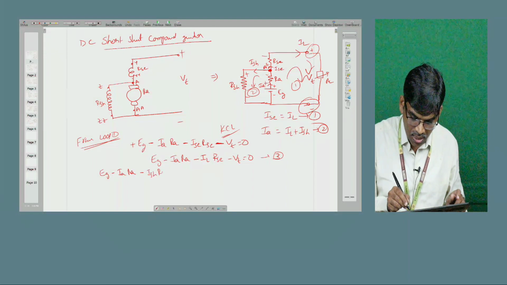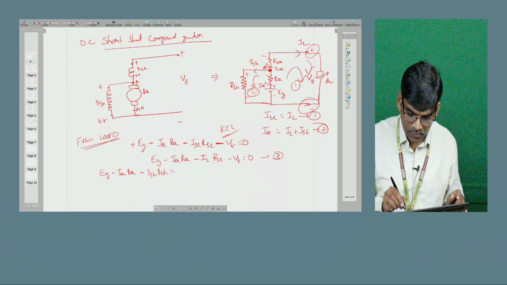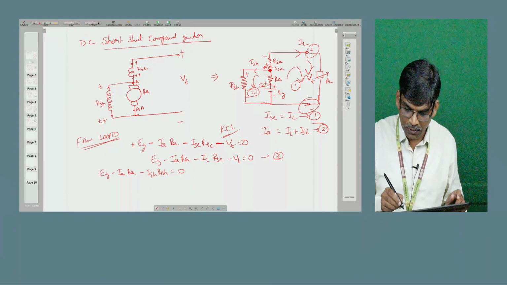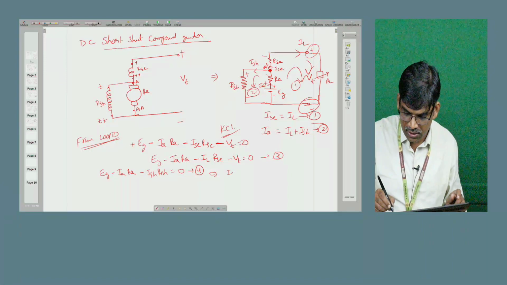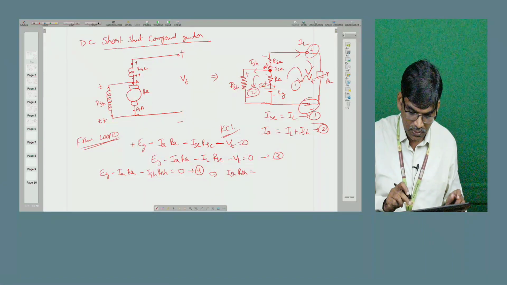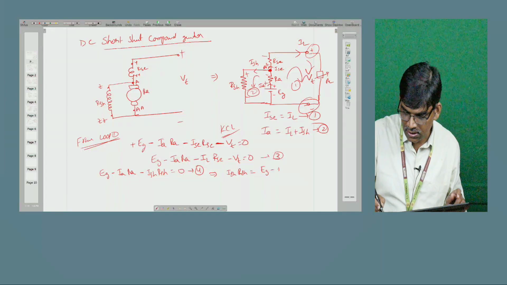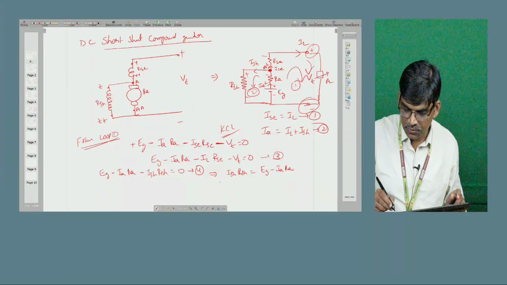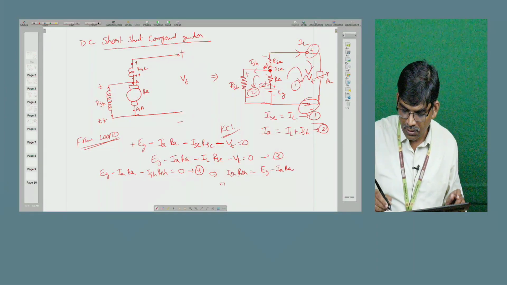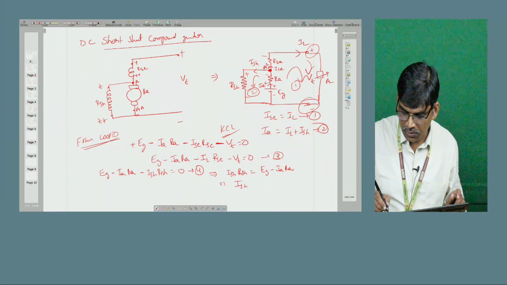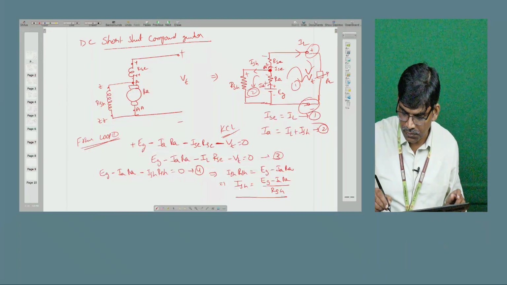This is equation 4. From equation 4, ISH RSH is equal to EZ minus IA RA. From this equation we calculate the RSH value, or the ISH value: ISH is equal to EZ minus IA RA by RSH. This is one equation to calculate ISH, or to find the RSH value.